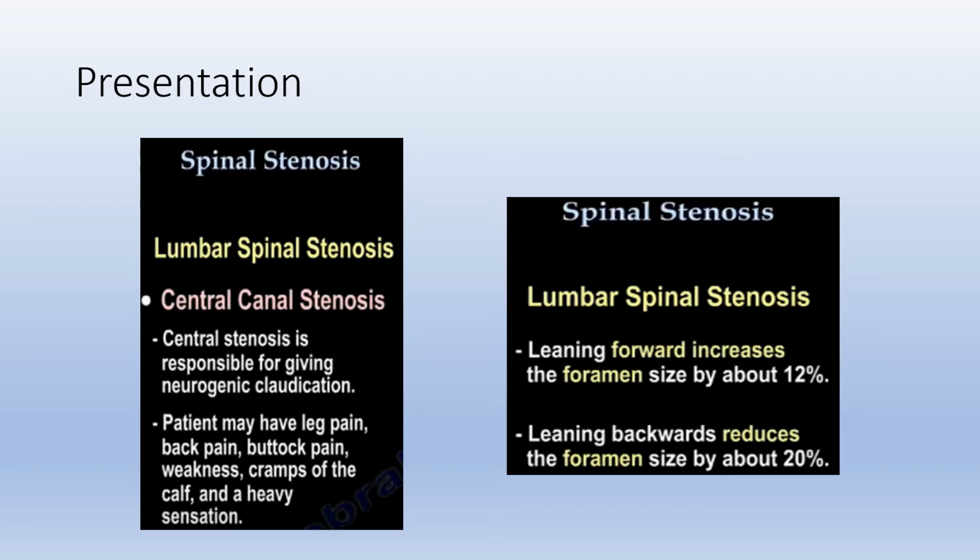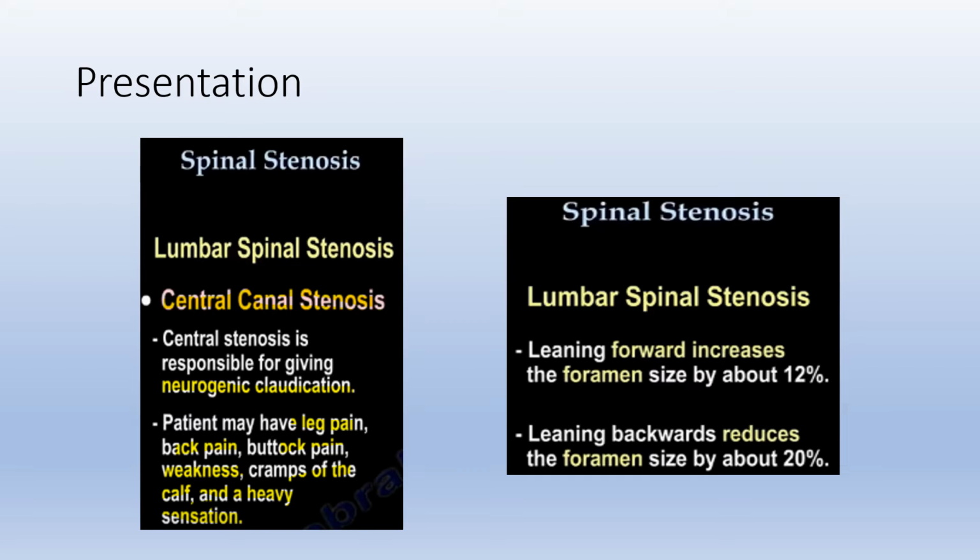So what are the presentations of spinal canal stenosis? The main type of spinal canal stenosis is central canal stenosis. Here the patient might have neurogenic claudication. The patient may have leg pain, back pain, buttock pain, weakness, cramps of the calf, and a heavy sensation.